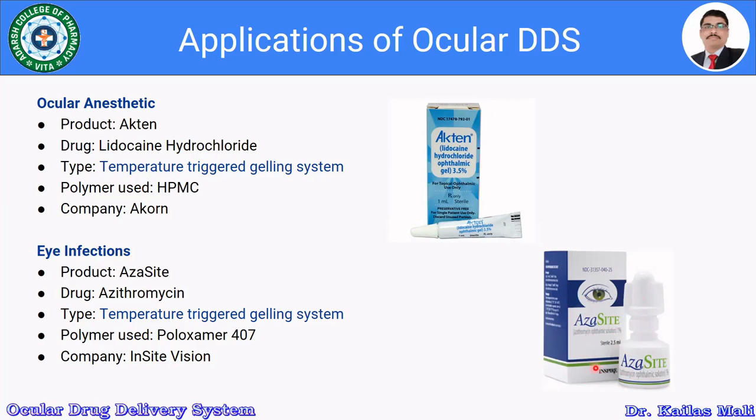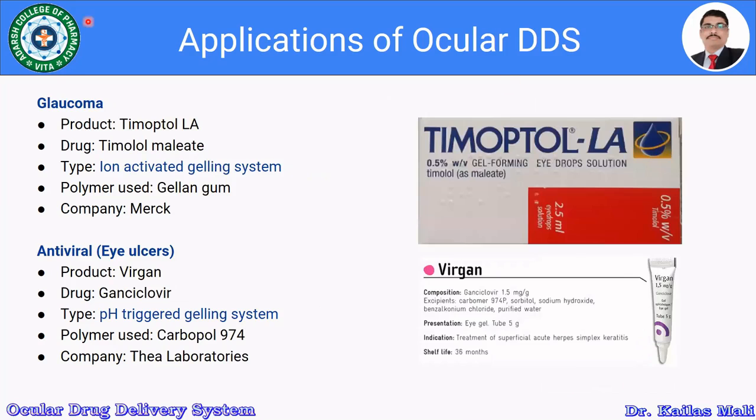It contains the polymer poloxamer 407, and it is developed by InSite Vision. Then for glaucoma, Timoptic LA is available in the market. Again, it is an ion activated gelling system which comprises gellan gum, and it contains the drug timolol maleate. It is developed by Merck.